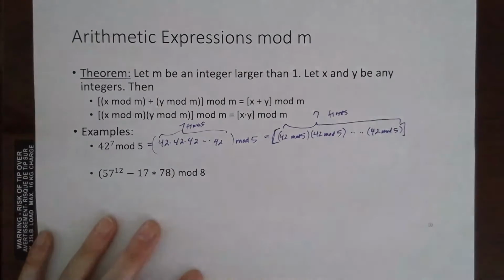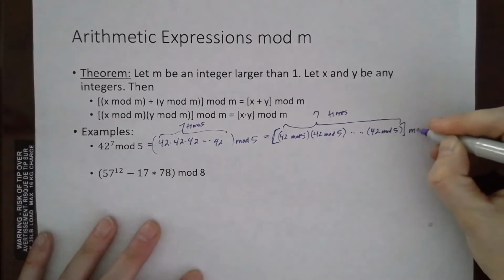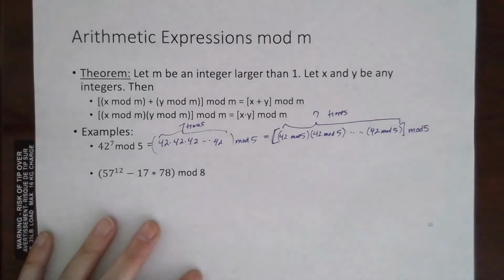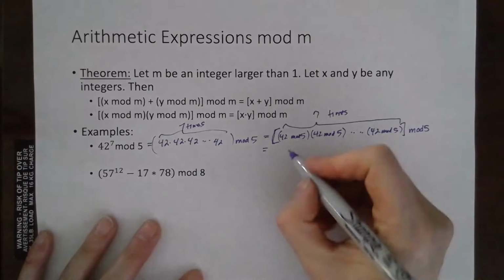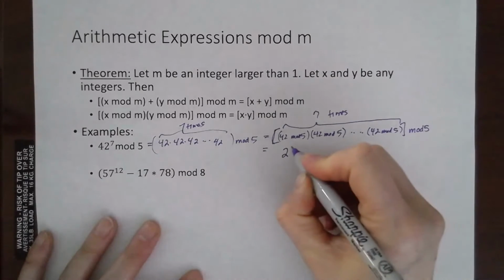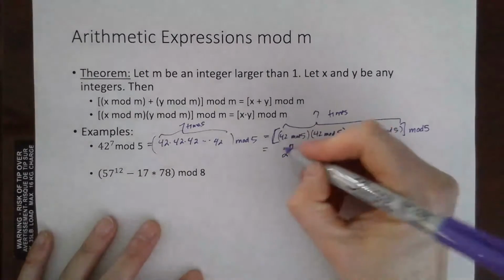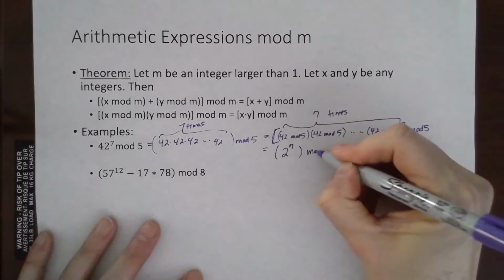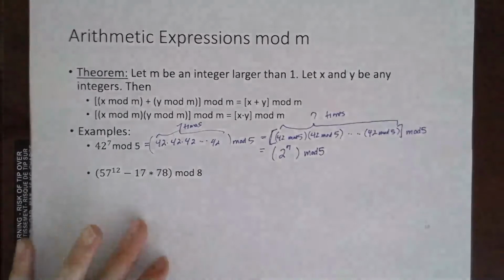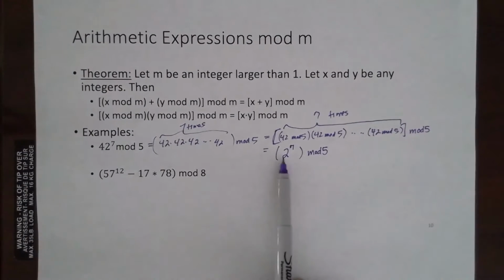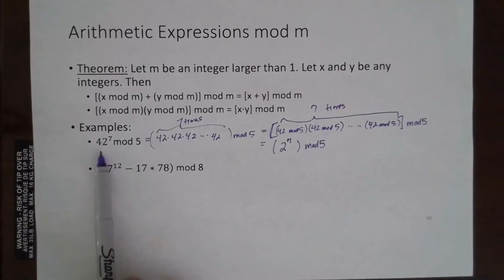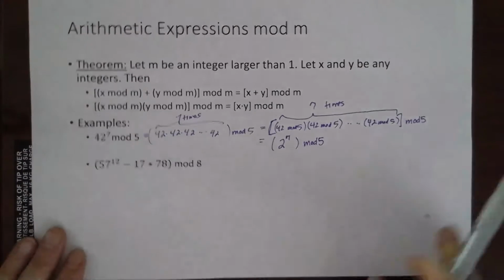And then, of course, at the end of that, we're going to have to do mod 5. But this, we can just actually do in our heads, because what is 42 mod 5? 2. And so this is just the same thing as 2 to the 7th mod 5. And now, 2 to the 7th mod 5 is way easier than 42 to the 7th mod 5.